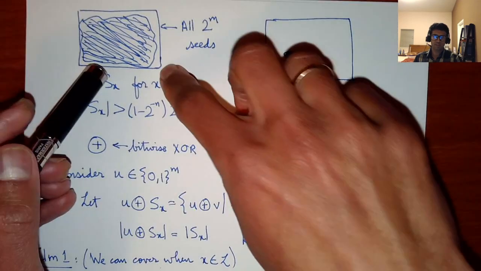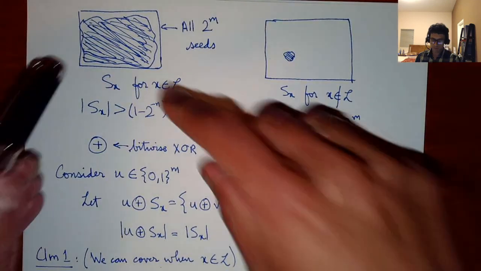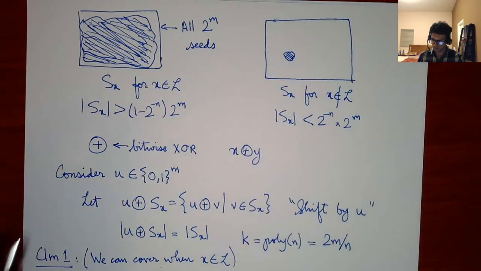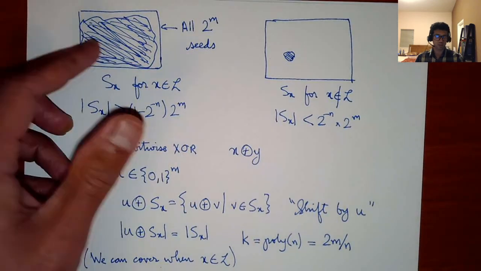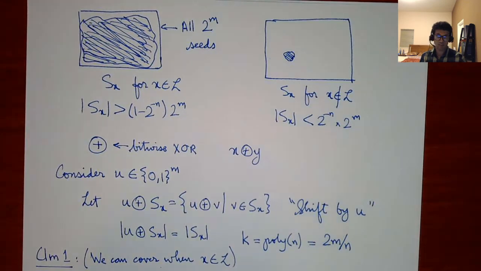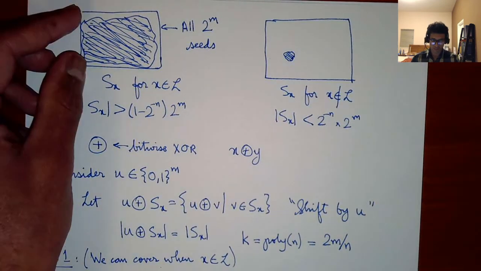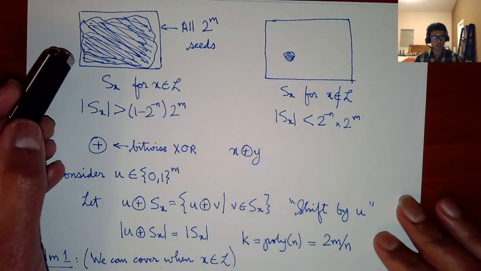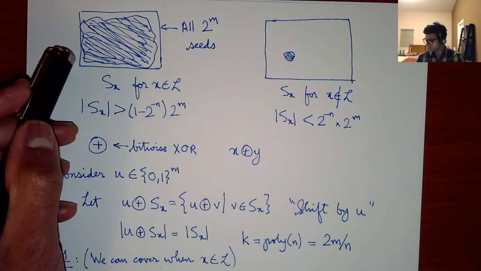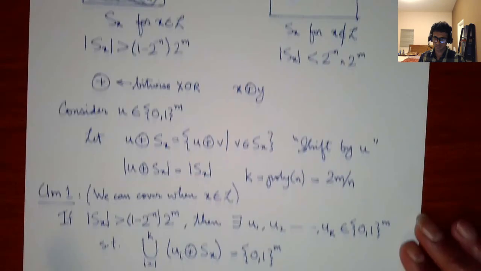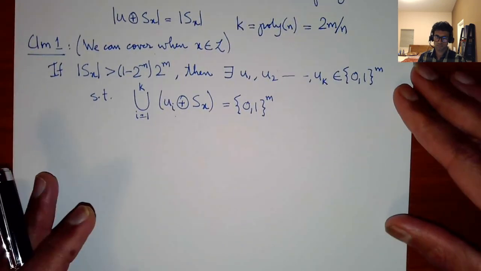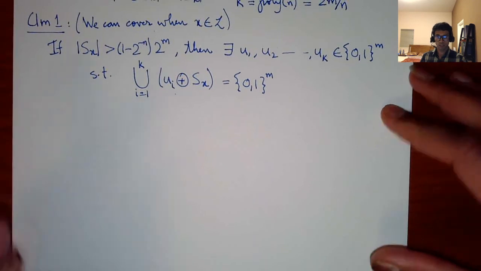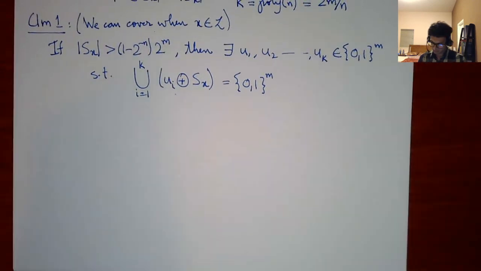You would hope that maybe 2 shifts are enough. One would be the 0 shift and one is another shift, and that should be enough because it's almost all the strings. But we'll see that you need more shifts because you don't know what S of x looks like. The nice thing is, as long as S of x has a particularly large size, then you can take a polynomial number of shifts and you will actually cover the entire set. Okay, that is saying we can cover when x is in L.